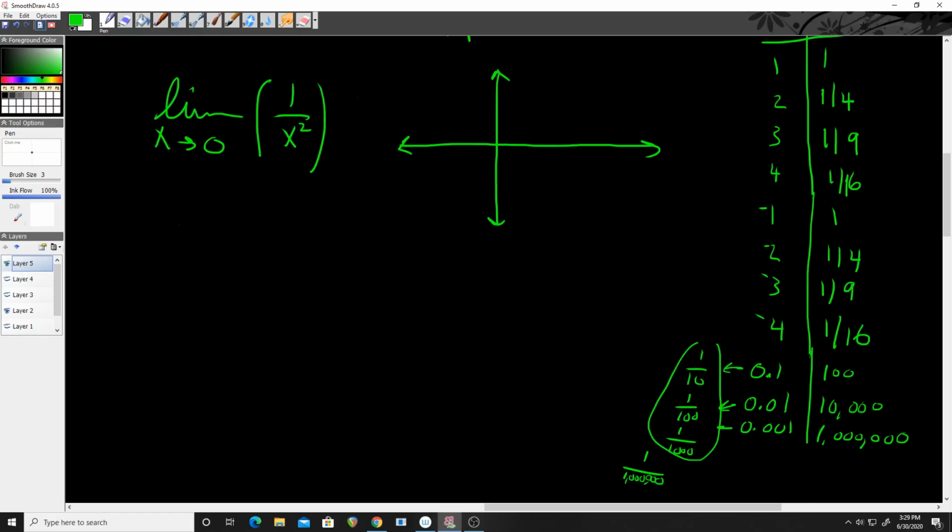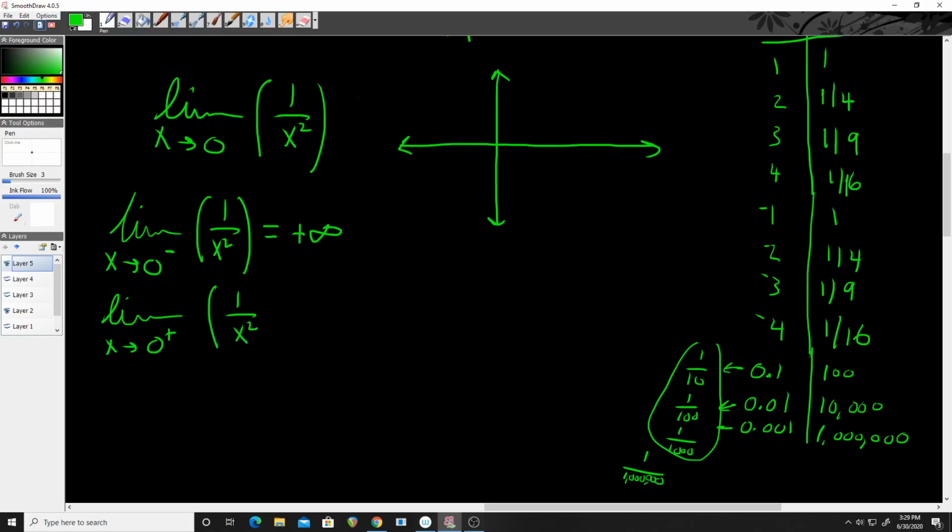So for that reason, without doing any graphs, we can say the limit as x approaches 0 from the left, that's the negative side, and again, if you square a negative number, it's still positive, so this is going to be positive infinity. Likewise, the limit as x approaches 0 from the right, negative infinity.